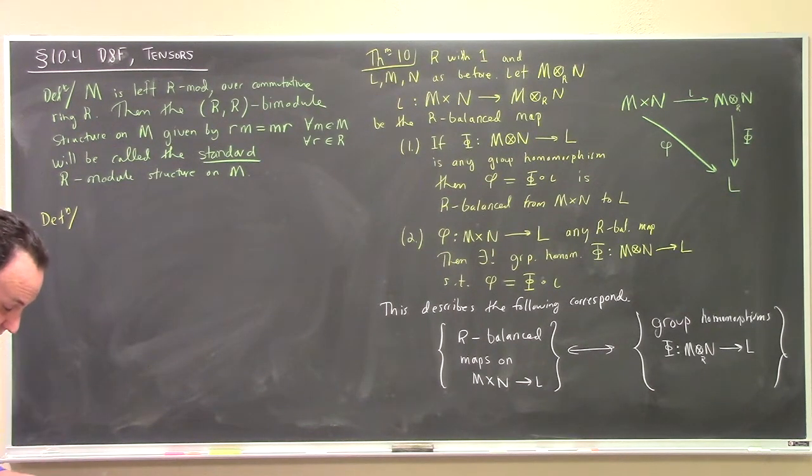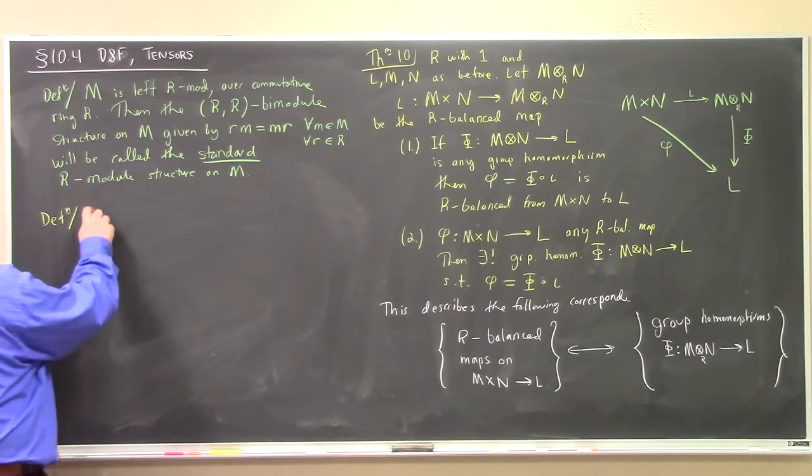So again, R is a commutative ring with identity, and M, N, and L are left R modules.